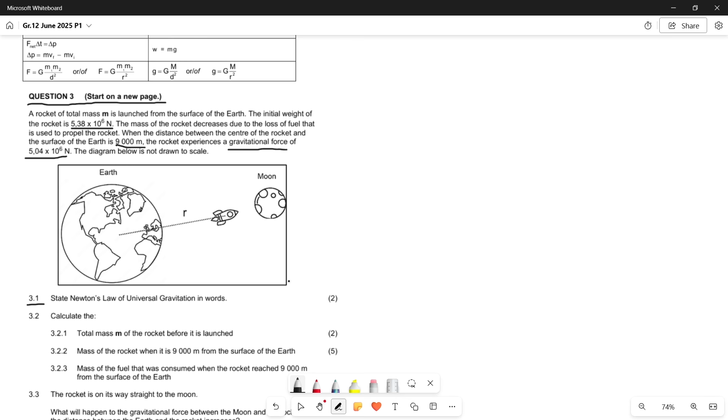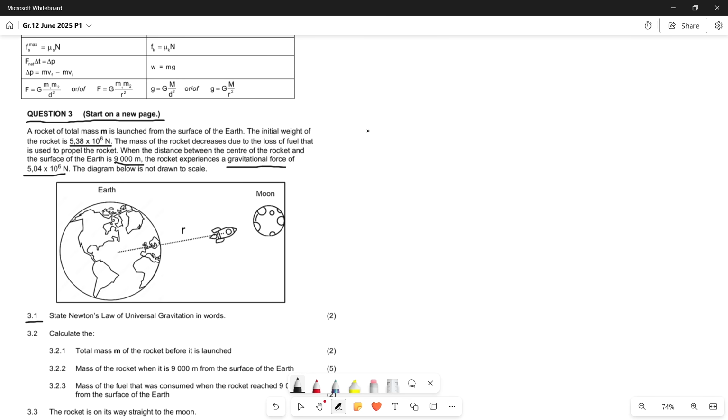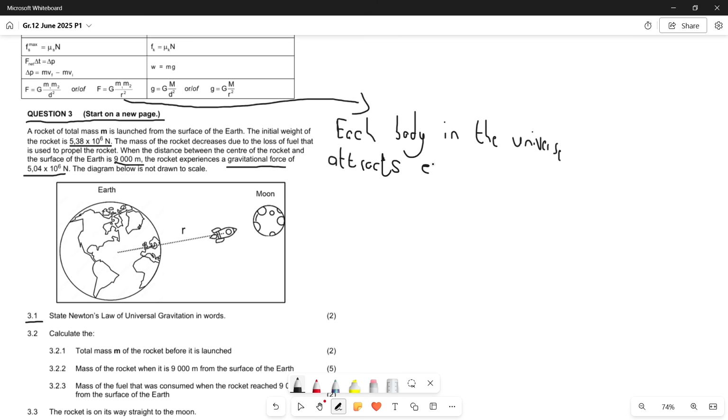It says state Newton's law of universal gravitation in words. Okay, so this one's quite nice. It is this formula up here with just a couple of words beforehand. So each body in the universe attracts every other body with a force. Cool. So now we are jumping into this formula.